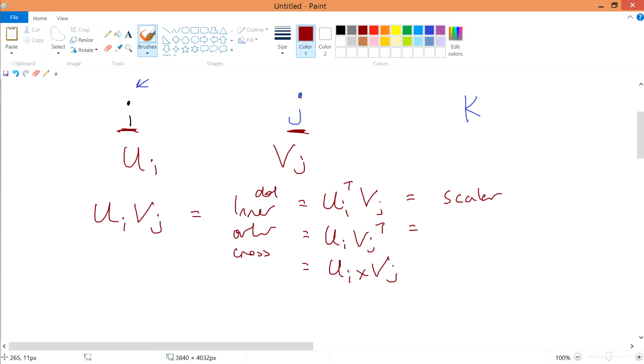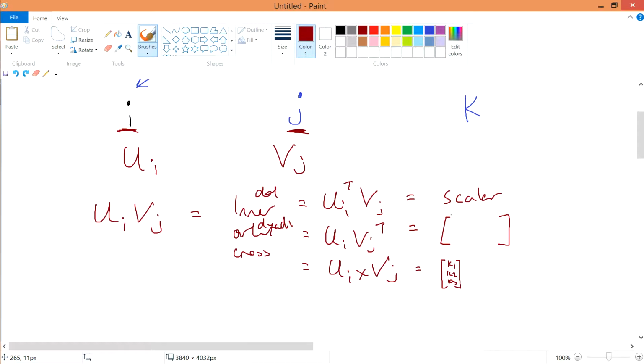For the outer product, which is the dyadic product, you'll come up with a matrix, be it 2 times 2, 3 times 3, or 4 times 4. It's always a matrix. And the cross product is always a vector, perhaps k1, k2, k3, a vector perpendicular to u and v.